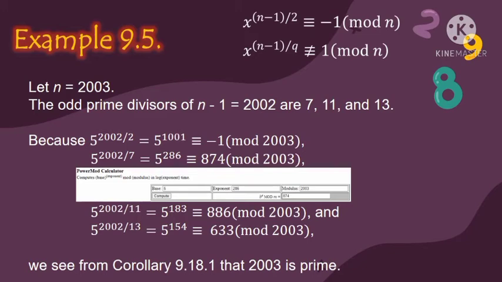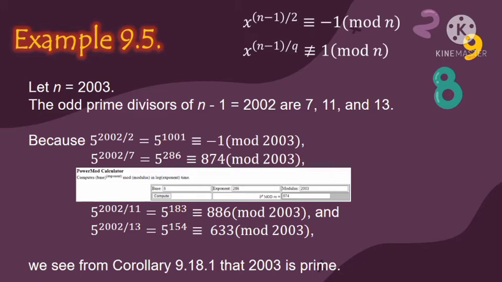Because it is in the definition of the corollary, with the first equation above, x raised to n minus 1 divided by 2 is congruent to negative 1 modulo n. So it's still correct. So we will proceed to the next one. 5 raised to 2002 divided by 7, 7 is an odd prime divisor of 2002, is equal to 5 raised to 286, congruent to 874 modulo 2003.